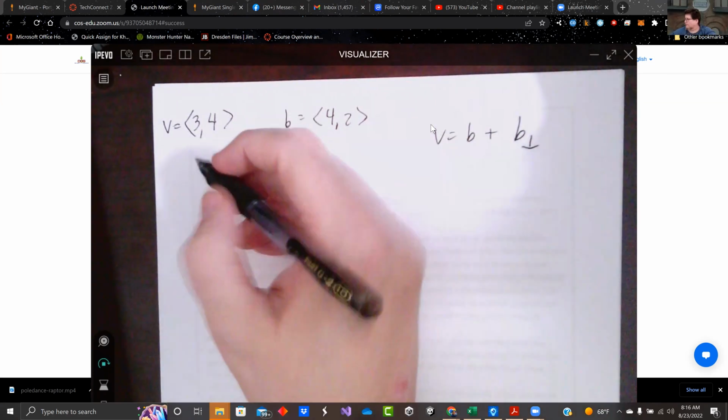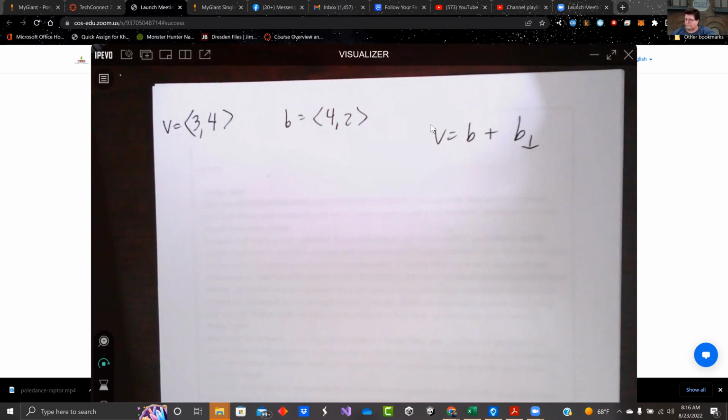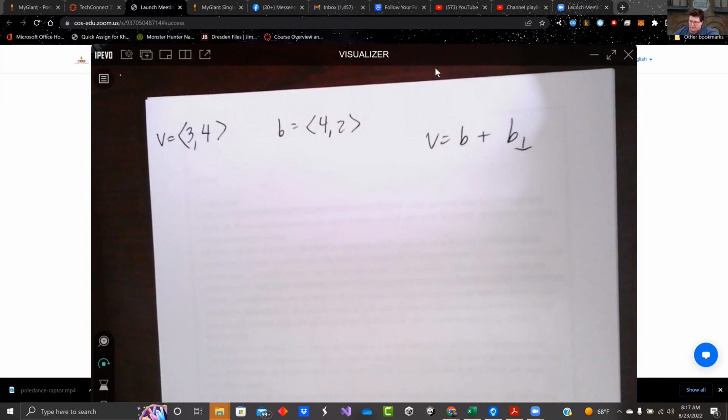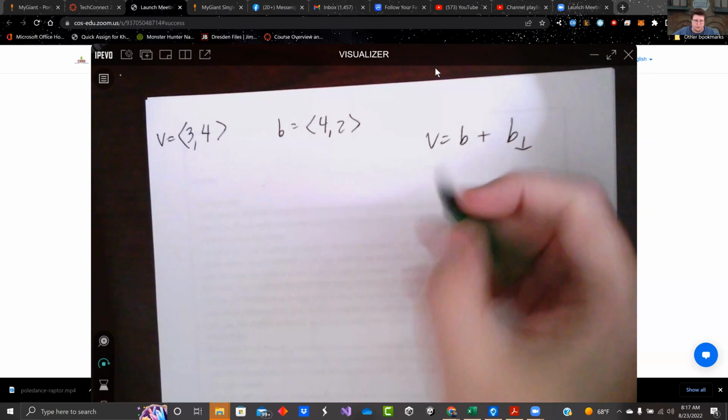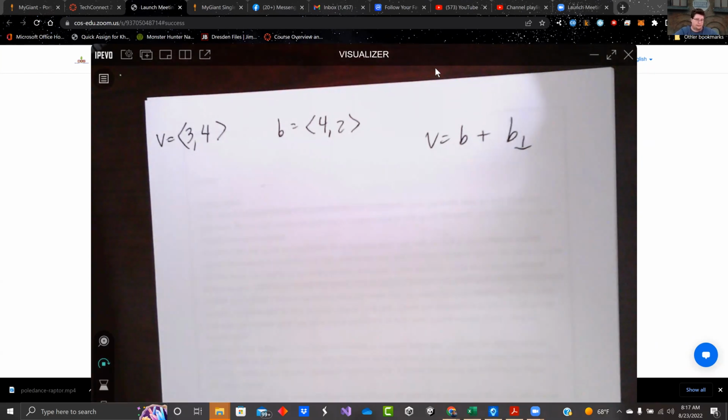Let's see, picture. And if we're going to do projections, V should be the projection onto B plus the projection onto the orthogonal B. Look at that equation again real quick.